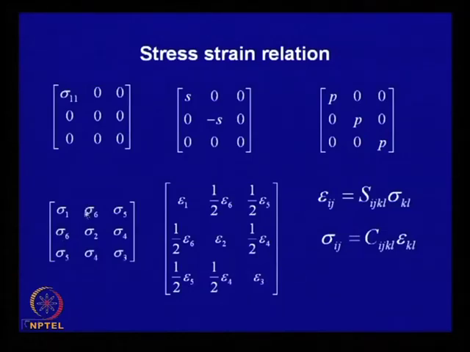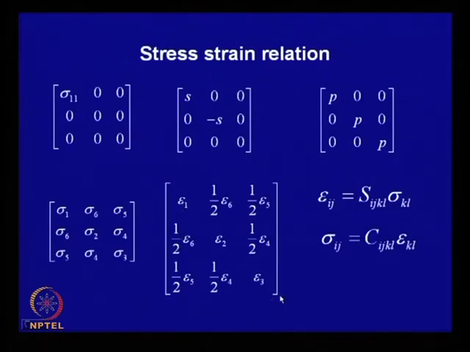So, that means these off diagonal elements are equal. So, actually you will have 6 components of stress at a point: sigma 1, 2, 3, and then sigma 2 3 is represented as sigma 4, sigma 1 3 is represented as sigma 5, sigma 1 2 is represented as sigma 6.